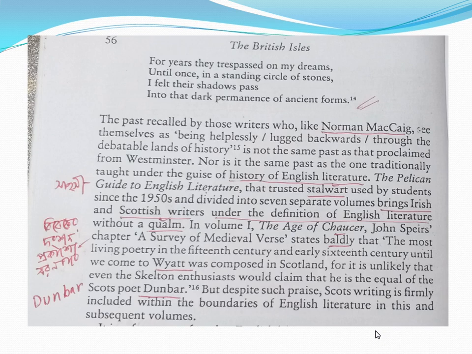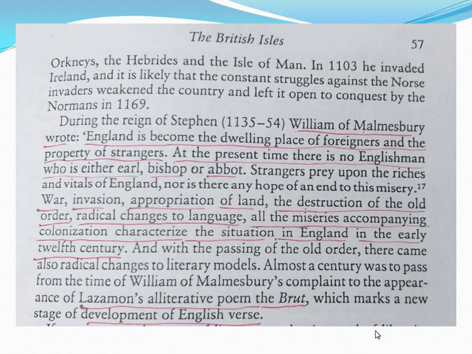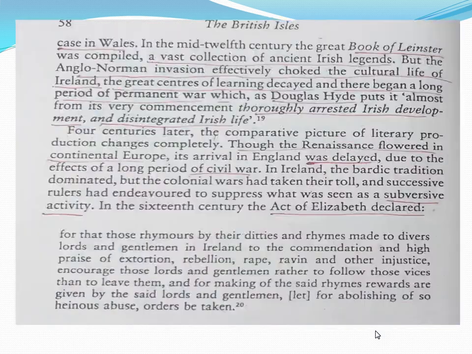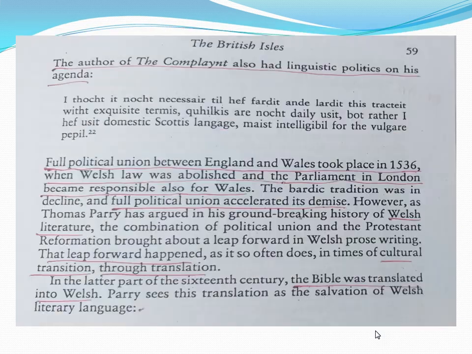That means not only the literature written in the English language. We have to compare the literature, culture, and mythical tradition of all these four states, including the Isle of Man and the Channel Islands. That is the incidence of the terminological problem.